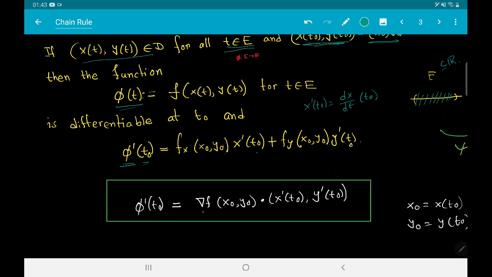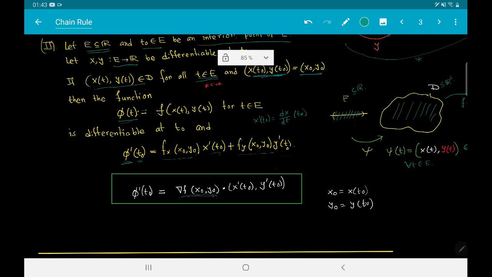So this expression can be written as the dot product of two tuples. The first one being the gradient of f at the point (x0, y0), which comes from here, and the second tuple is (x'(t0), y'(t0)).